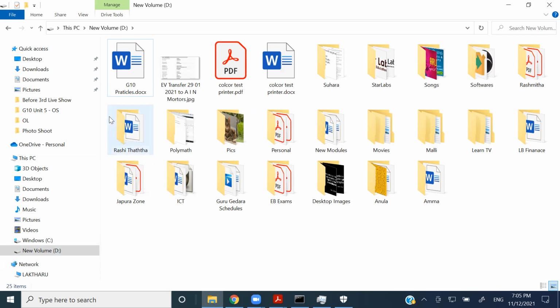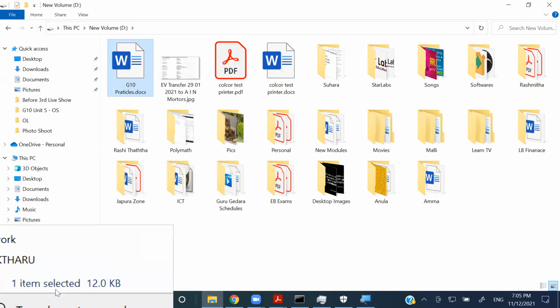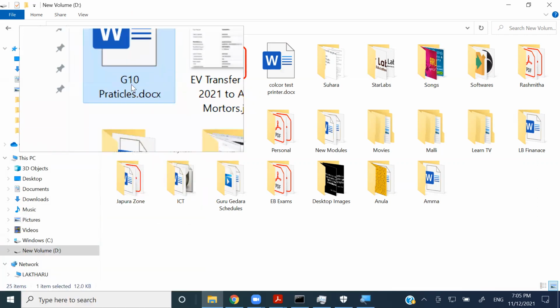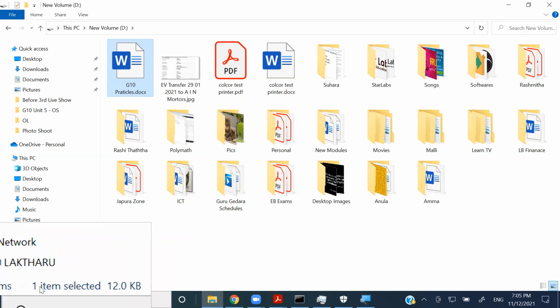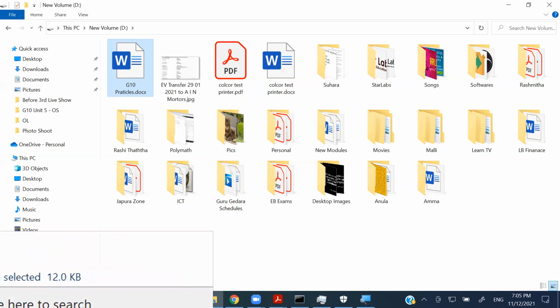As an example, if I choose this G10 Practicals file over here, as you can see, it has a capacity of 12 kilobytes, right? In the status bar, one item selected, 12.0 kilobytes are there.